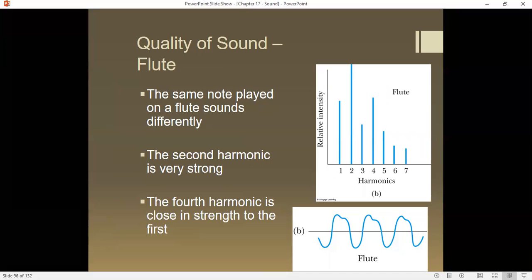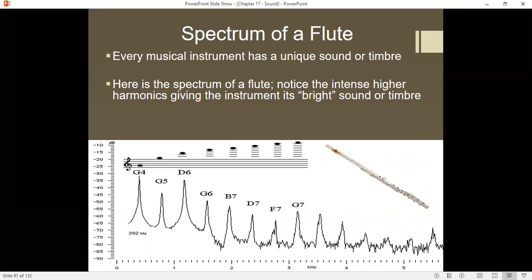Here is, for instance, a flute. In this particular case, the flute is playing a note which has a very bright timbre sound to it. And it's so bright, actually the second harmonic exceeds the first harmonic in intensity. So again, with the flute, a very bright sounding instrument, we would expect tons and tons of higher harmonics. Here is another frequency spectrum for a flute.